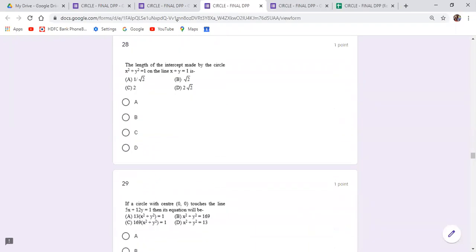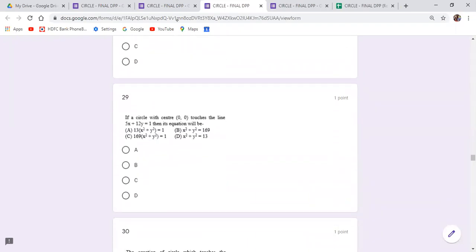Okay, tell me now. Sir, 29, I got option A, but it's showing C. Can you please solve it? What is the radius of the circle? The center is 0, 0, so it's a standard circle.